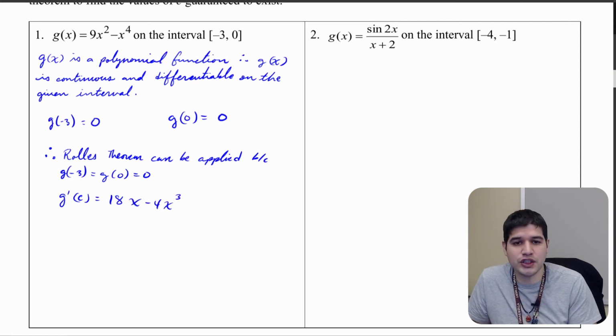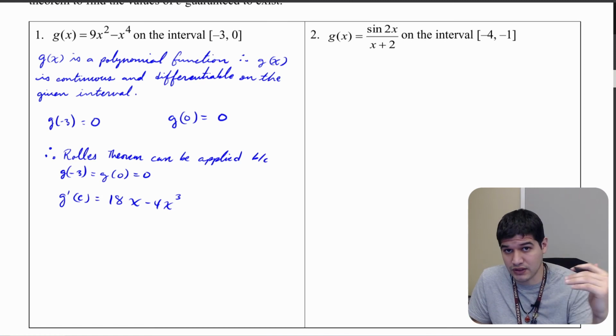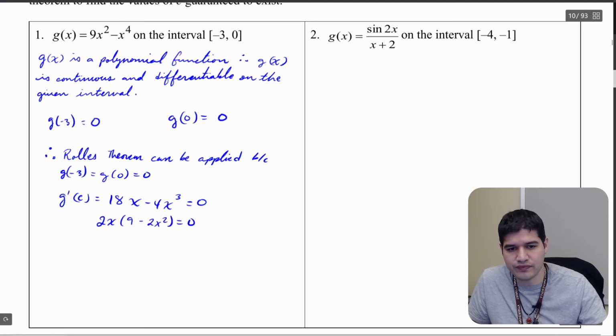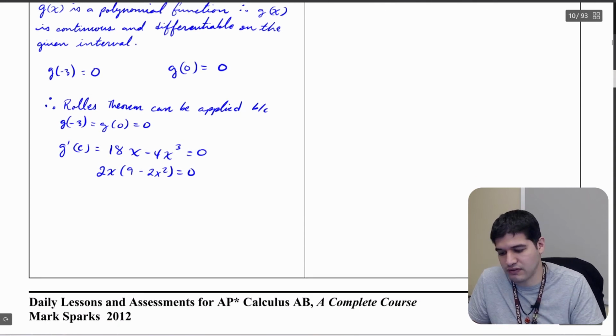Because we know that Rolle's theorem states specifically that it'll be equal to 0 at some point, since those 2 other values are even, we're going to set this equal to 0. Well, I could factor out a 2x from here, so 2x times 9 minus 2x squared equals 0. Okay, and let's solve for x.